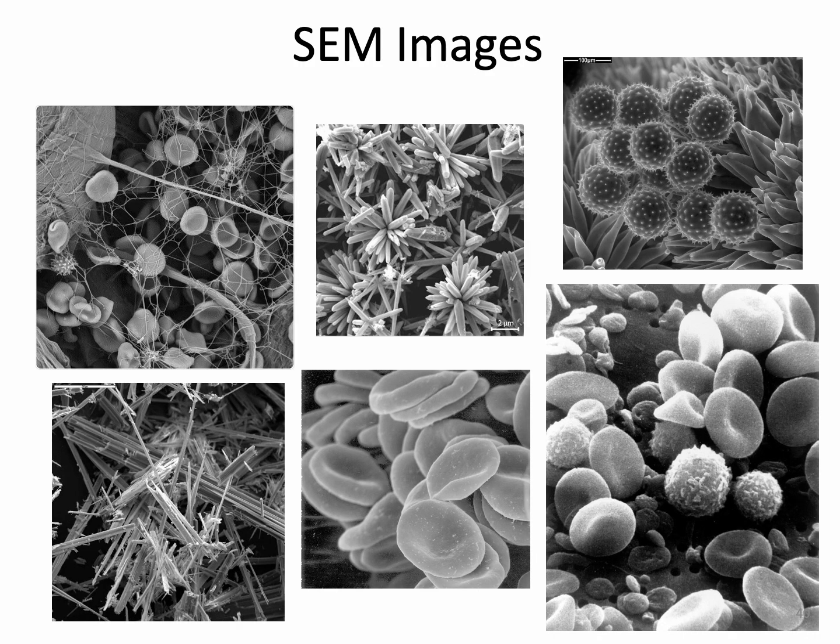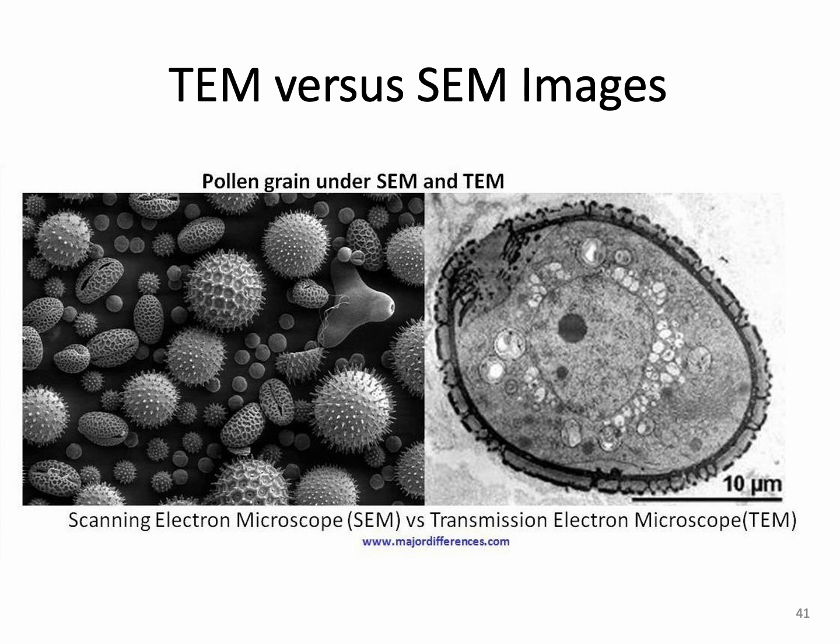Here we can look into different examples of SEM images. If you would like to compare TEM versus SEM, you see that the resolution is different. SEM gives us a much better picture of the structure of the sample that we are looking at.